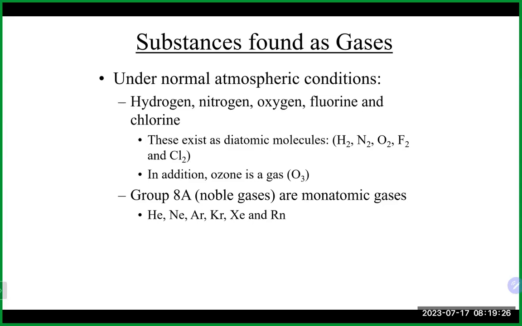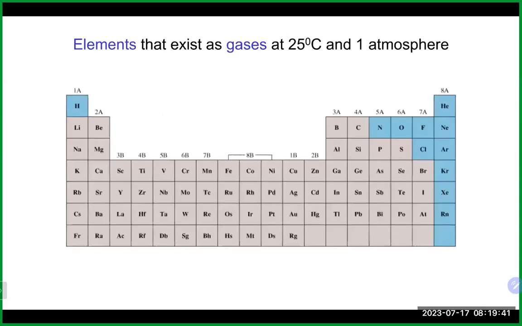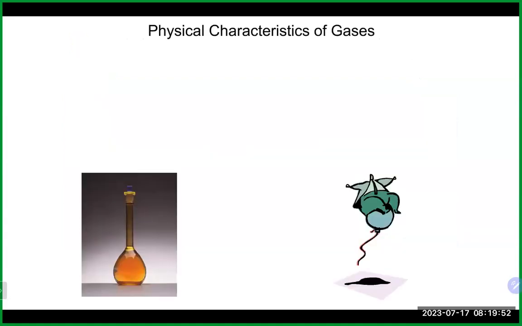Ozone is also a gas. And obviously our noble gases in group 8 are gases. They're sometimes referred to as being monoatomic, which means they typically come as ones rather than twos, like the ones up on top. So looking at our periodic table, pretty much these guys in blue are the area where we have elements coming up as gases under normal conditions.